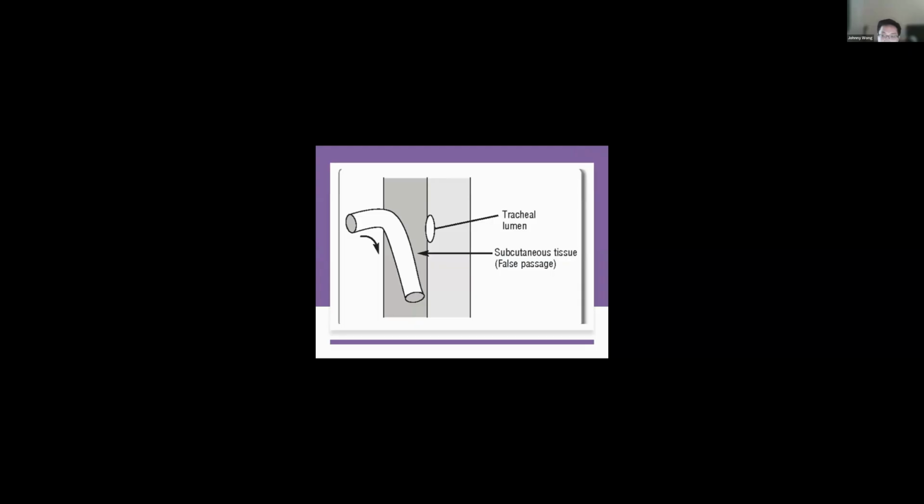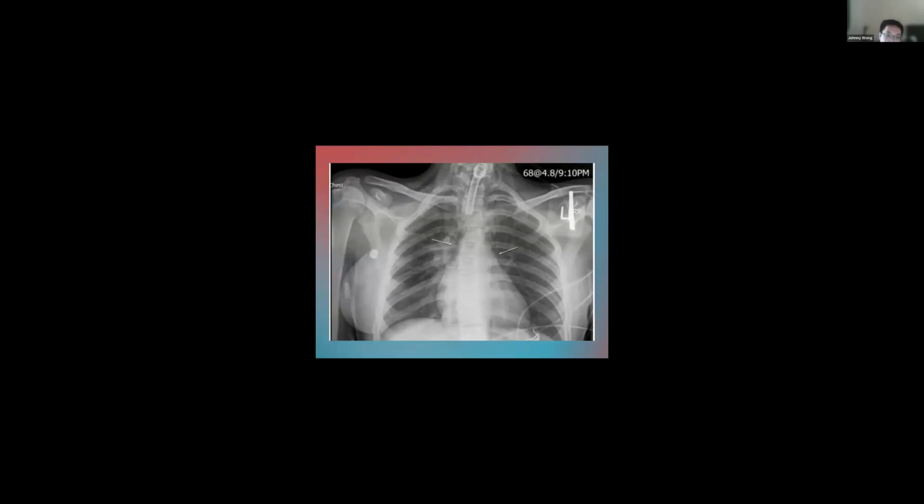This can be very dangerous, because if you're ventilating into the subcutaneous tissue, you increase your risk of developing pneumomediastinum, pneumothorax, and crunchy subcutaneous emphysema if you press on their skin. If immature trachs get dislodged, we have to be very careful. If they're stable, you want to get surgery and ENT involved immediately.